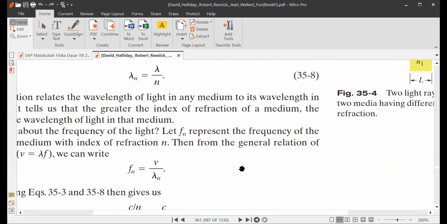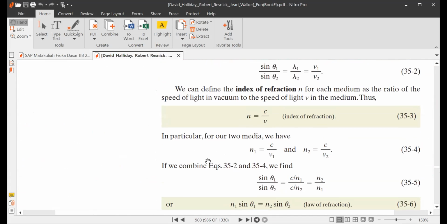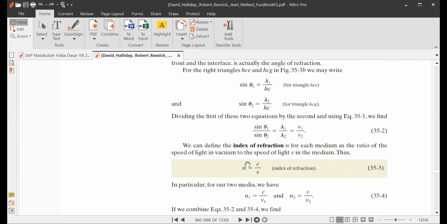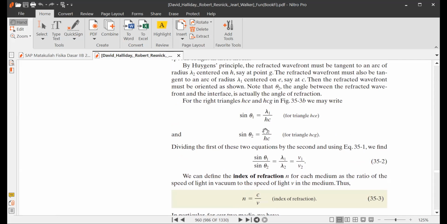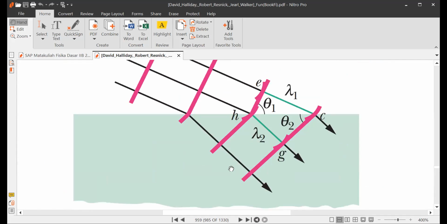They use the same symbol as this one. The C here is not the point. The C here is the speed of light in the vacuum, while C here is the point. HC is this one. H is a point, C is a point. I mean, this book should use different symbols. Okay.